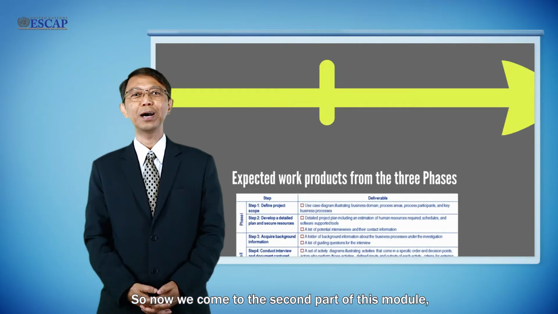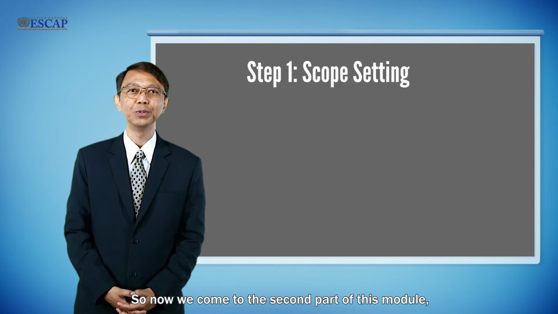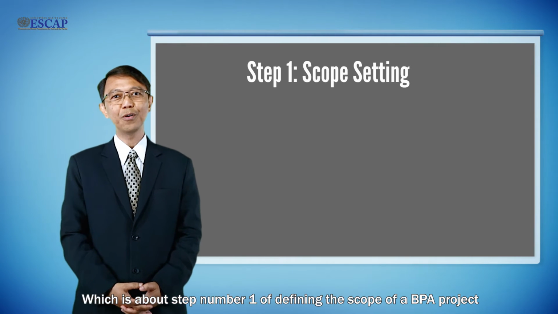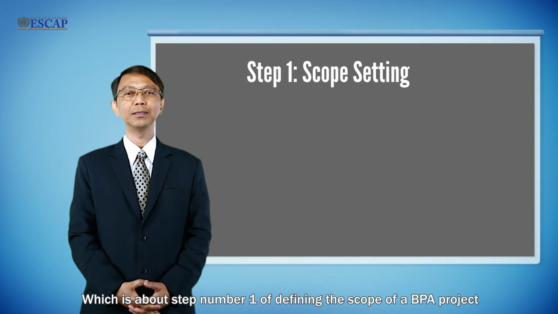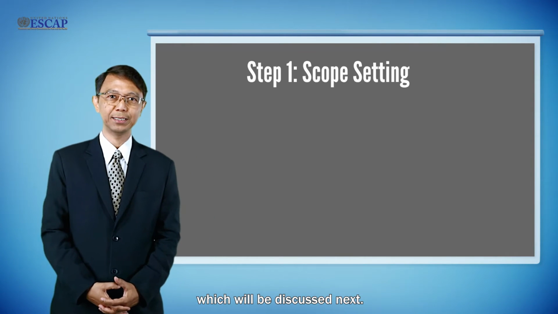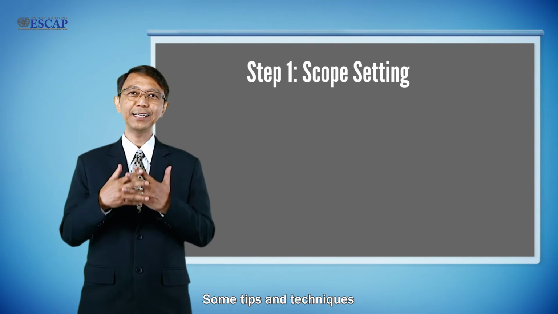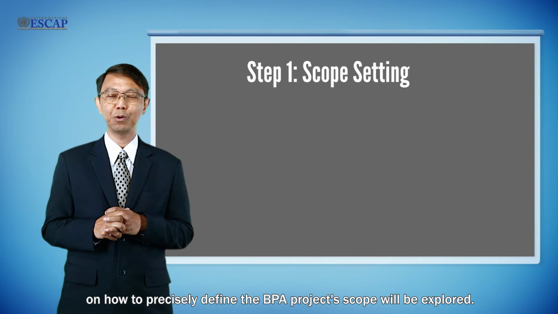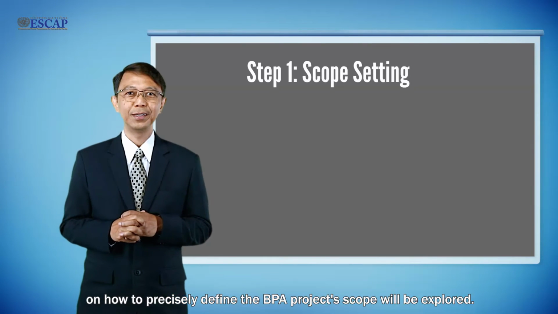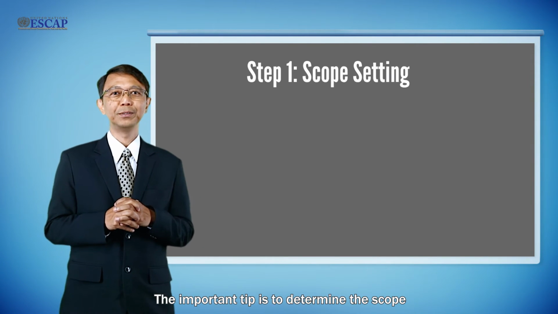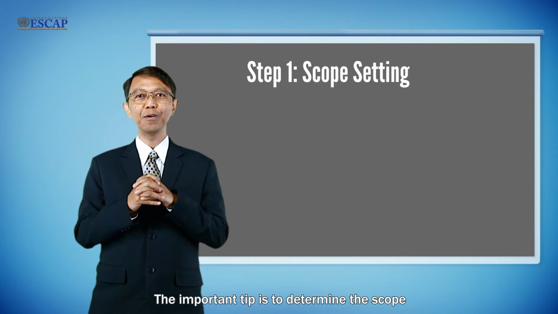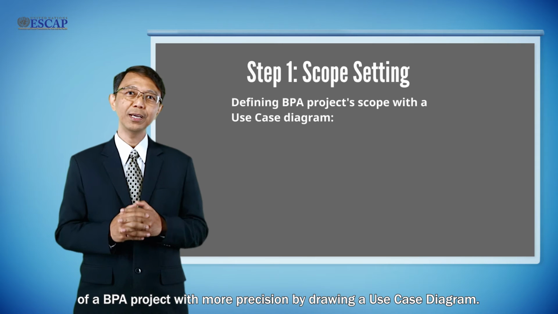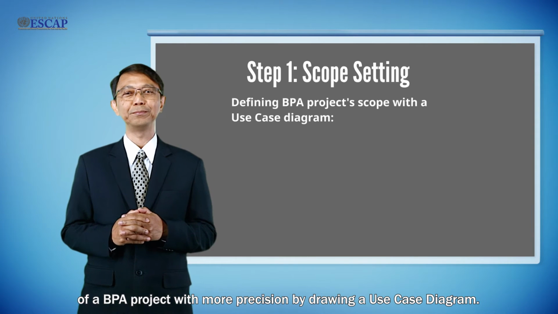So now we come to the second part of this module, which is about step number 1 of defining the scope of a BPA project, which will be discussed next. Some tips and techniques on how to precisely define the BPA project scope will be explored. The important tip is to determine the scope of a BPA project with more precision by drawing a use case diagram.